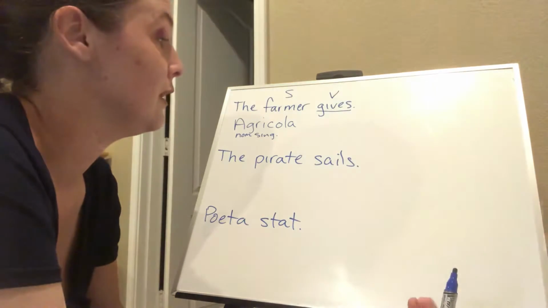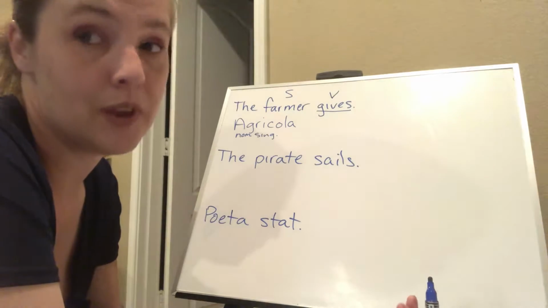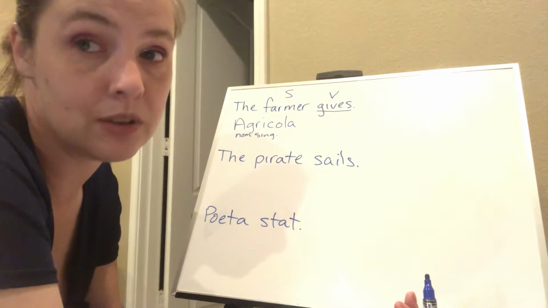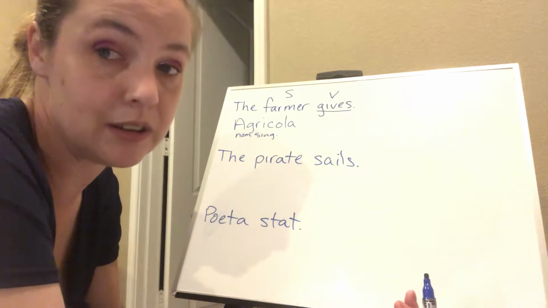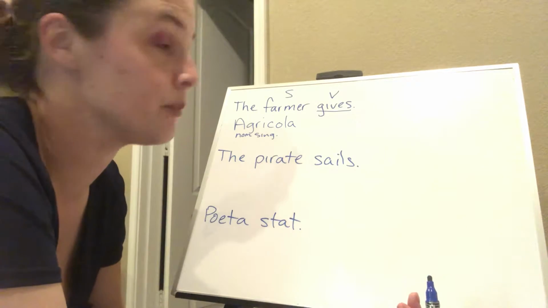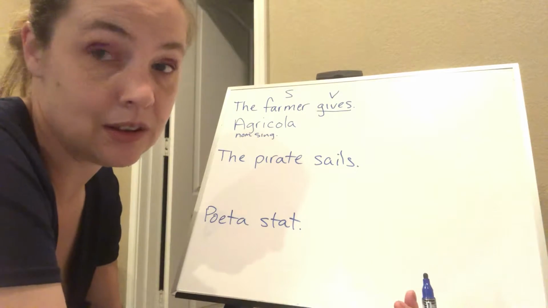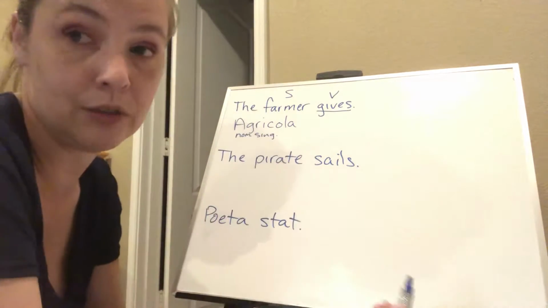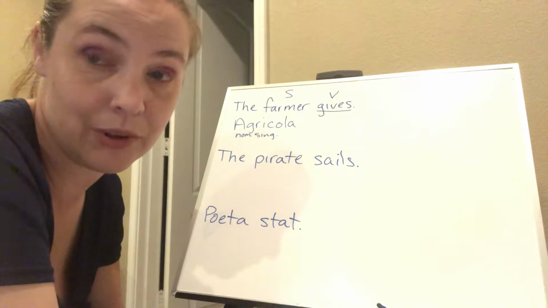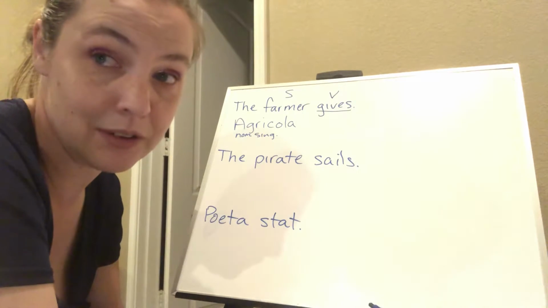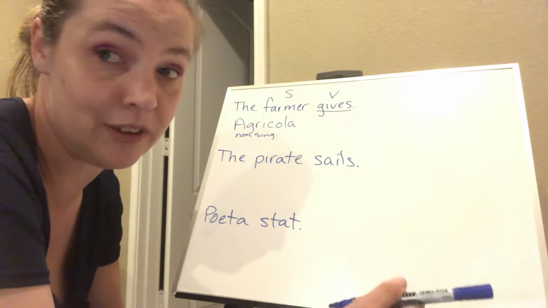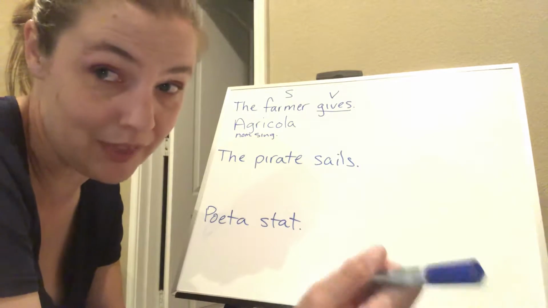Okay? Now, if you think back to your English, which hopefully you've gotten in your life, you might remember that he, she, it, okay, like agricola. Agricola is a he, she, or an it, okay? It's singular, so it's gotta be just a he, she, or it. It's not a they.